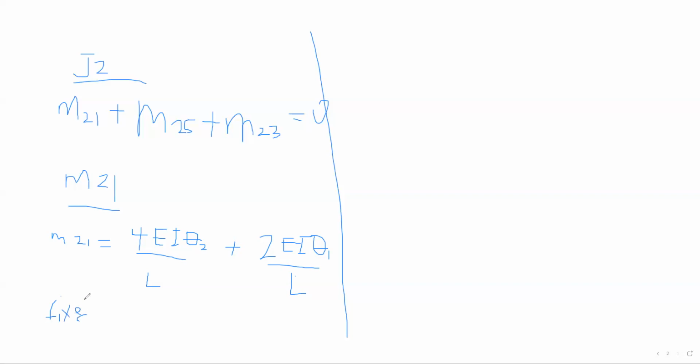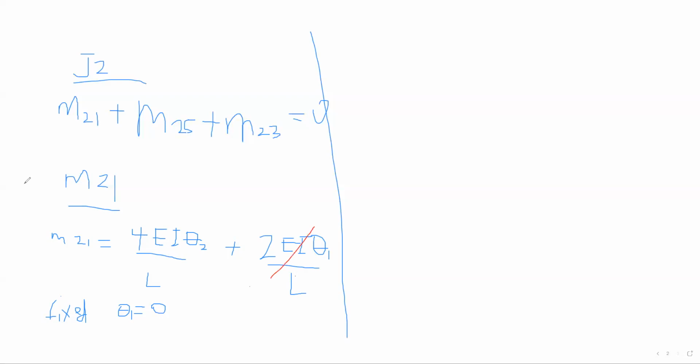When we began, I said when you have a fixed end, you have your slope to be 0. I first identified joint 1, joint 4, joint 5, joint 6 to have theta to be 0. That's theta for the far end's joint, so theta 1 is 0, and this term will be cancelled out.